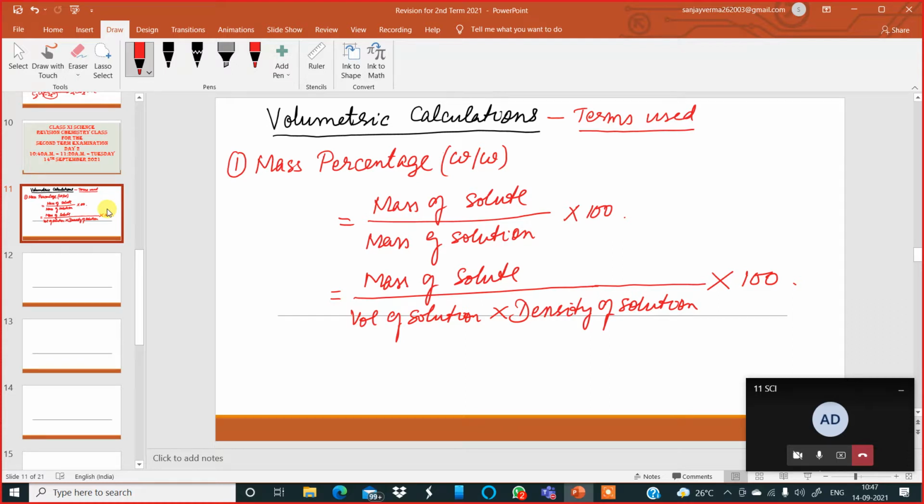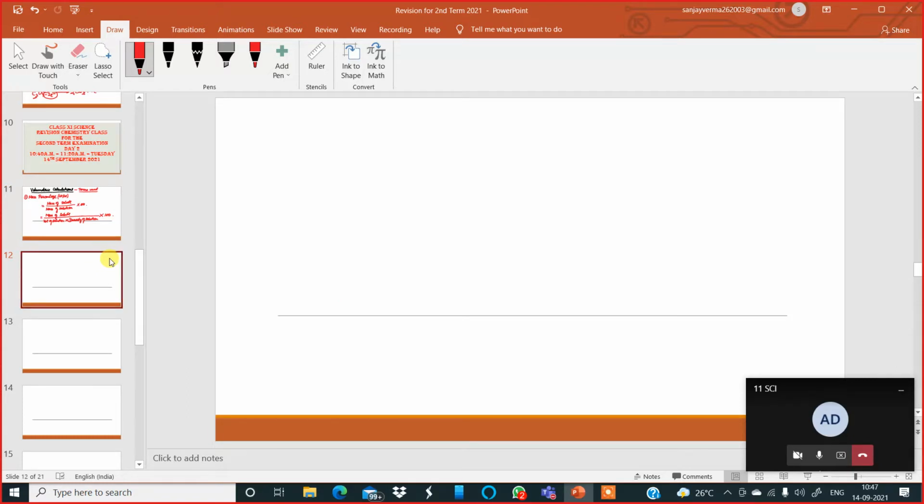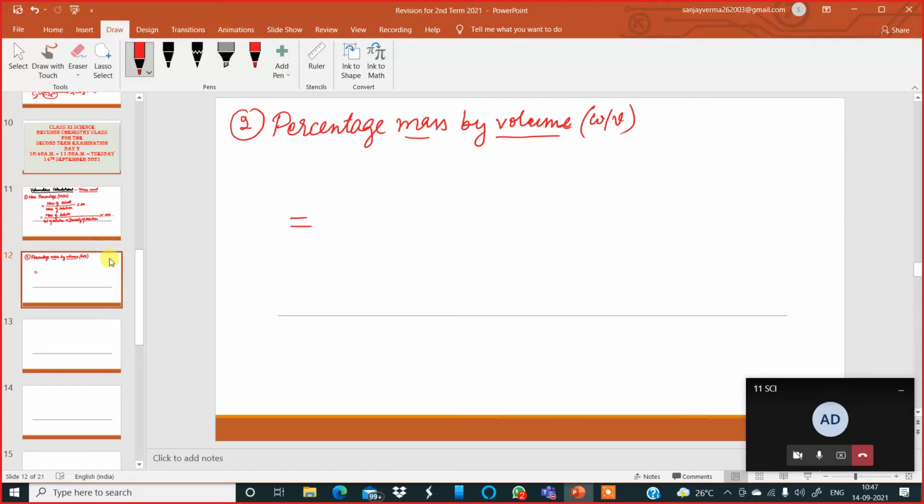Now, the next one, number two, is called percentage mass by volume, or volume percentage, abbreviated as W by V. The formula for percentage mass by volume is given here: mass of solute divided by volume of solution into 100.